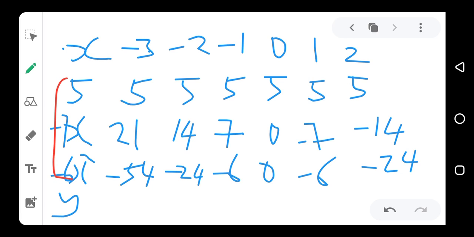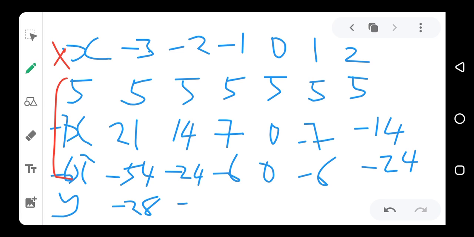For minus 3, we have 5 plus 21 minus 54, which gives us minus 28.